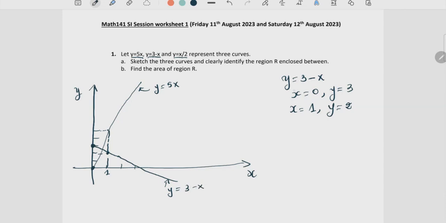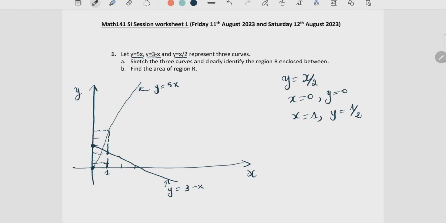The last curve is y is equal to x over 2. So when x is equal to 0, y is equal to 0. When x is equal to 1, y is equal to 1 over 2. So 0, 0, and 1 over 2, which is somewhere around here.